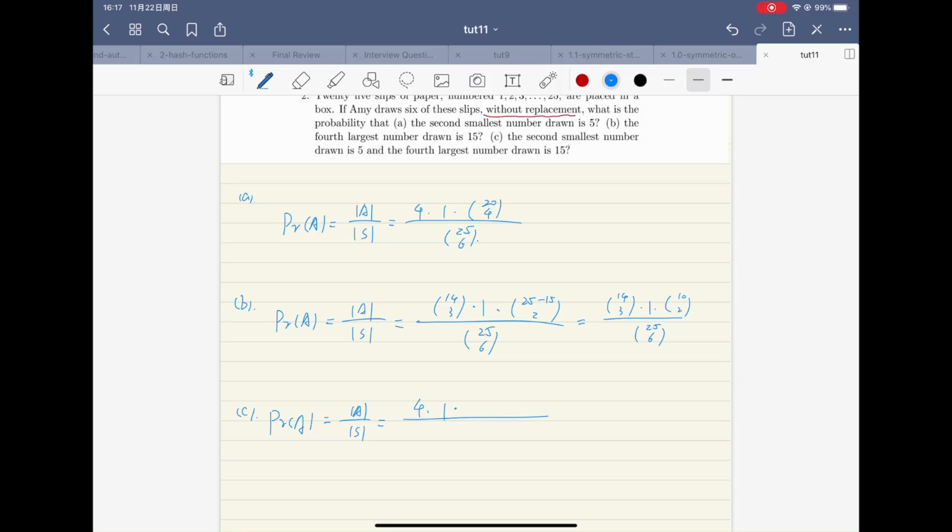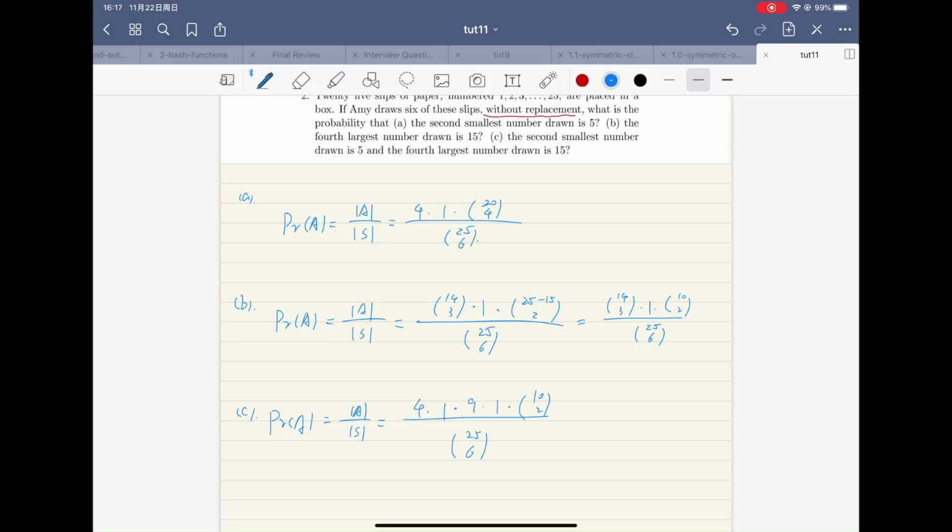So from 5 to 15, between 5, we have 9 choices, and the fourth largest number should be 15, so we have 1. And for the last 2, we have 10 choose 2.